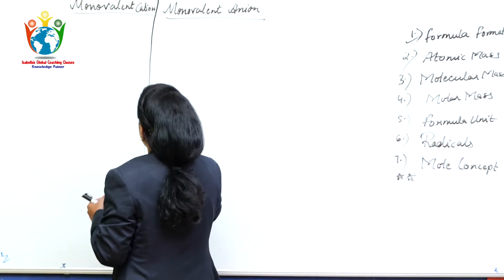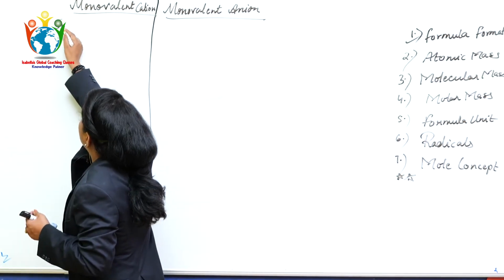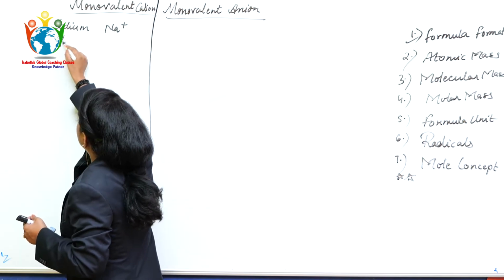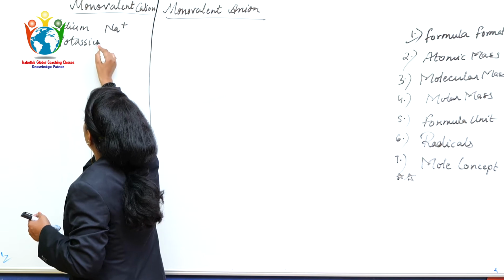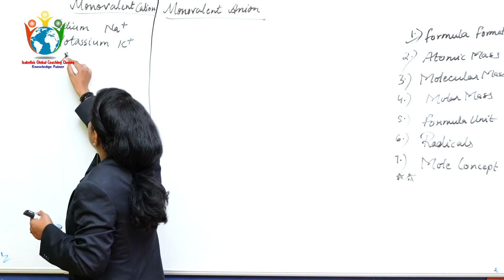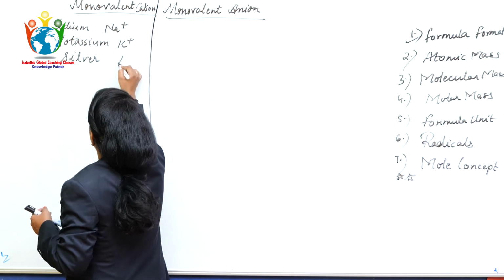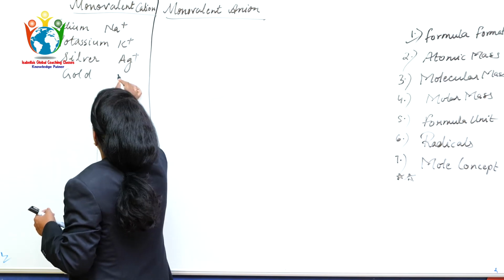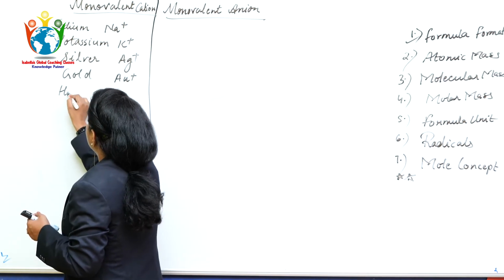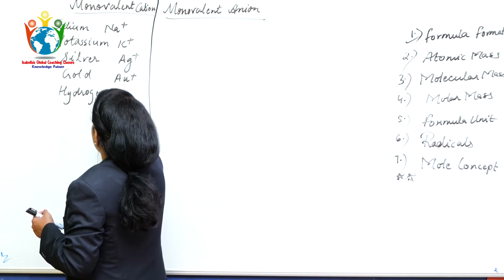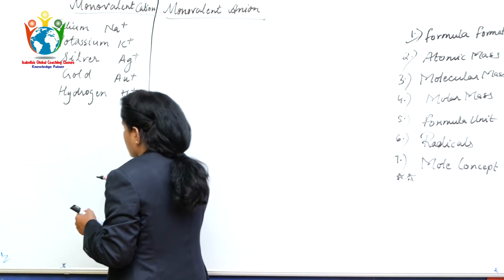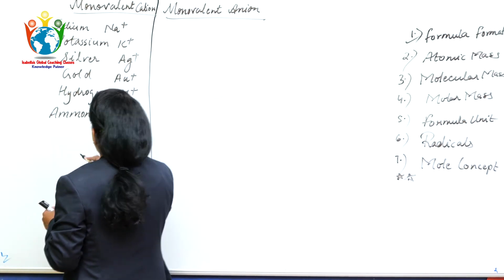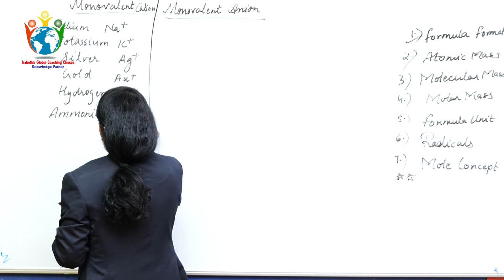Now, I will write down the formulas. Sodium Na plus, potassium K plus, silver Ag plus, gold Au plus, hydrogen H plus, ammonium NH4 plus.